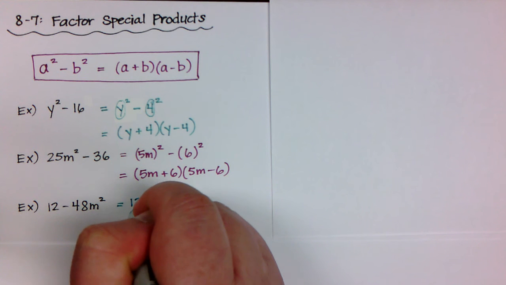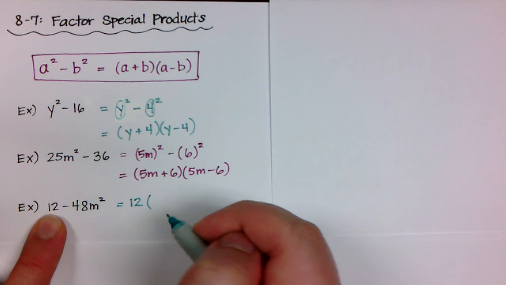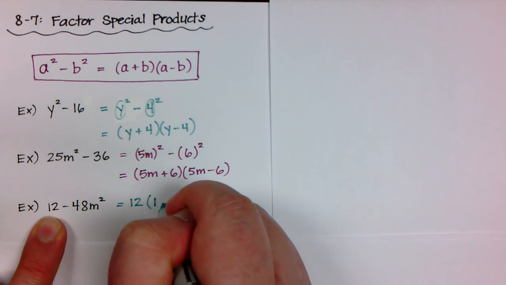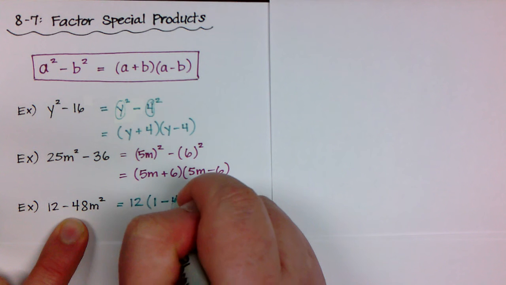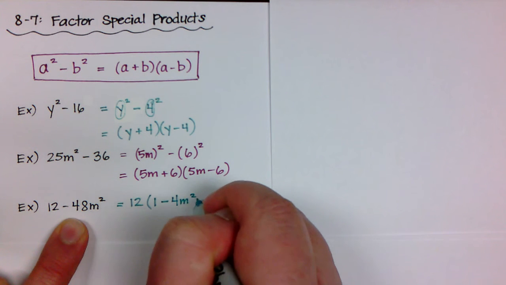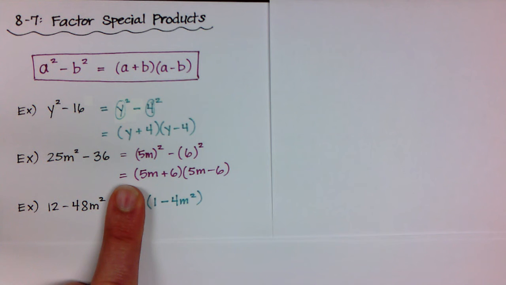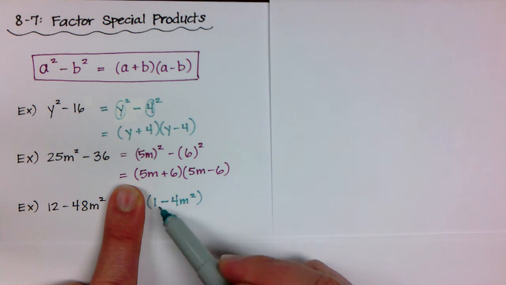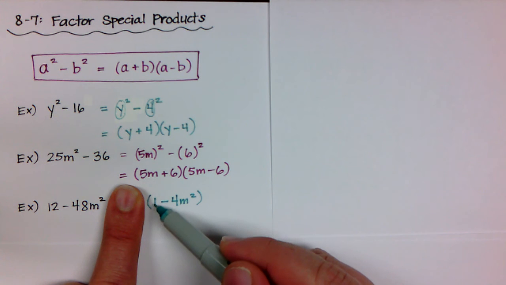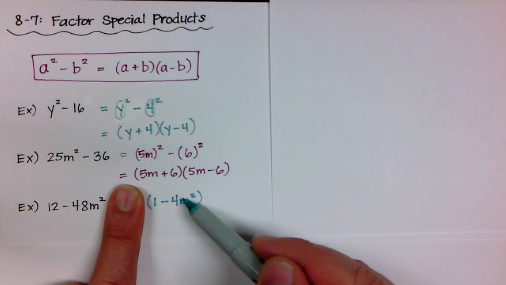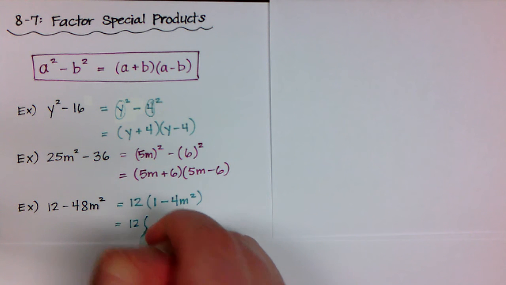I can take 12 out of the whole polynomial. 12 divided by 12 leaves me with 1, minus 48 divided by 12 leaves me with 4m squared. Now I'm going to pretend that the 12 is not even there, and see if this relates to that rule up above. Is it something being squared minus something else being squared? Yes, it is. So I'm just going to leave that 12 on the outside.